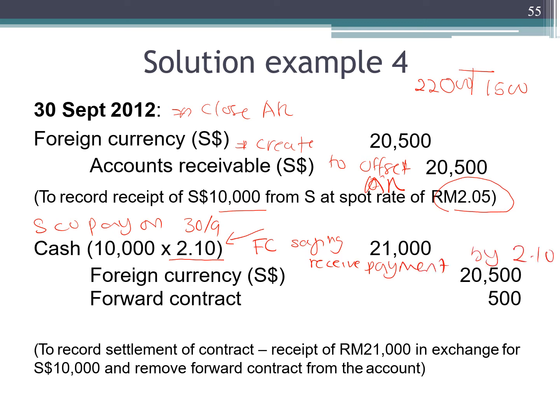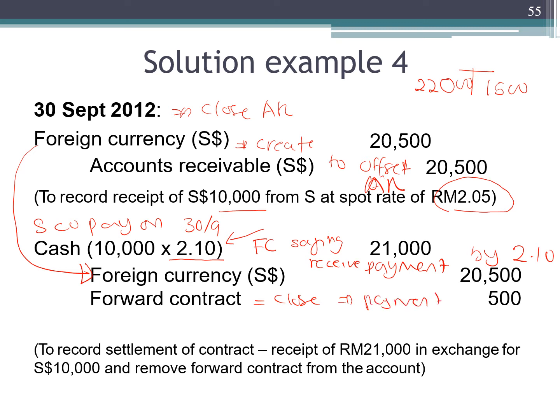So you're going to debit cash, the amount that you're going to receive based on the forward contract. And the foreign currencies, you need to close this account because they are already paid. Close this account and then credit your forward contract. This one also needs to be closed because we already made the payment.